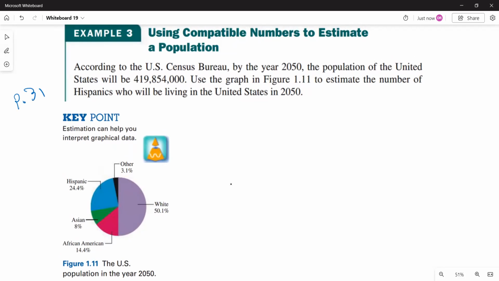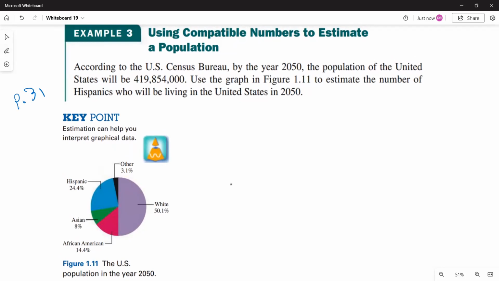According to the U.S. Census Bureau, by the year 2050, the population of the United States will be 490,854,000 people. Use the graph in Figure 11 to estimate the number of Hispanics who will be living in the United States in 2050.